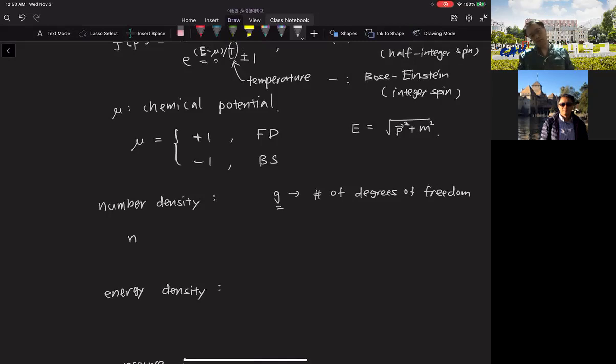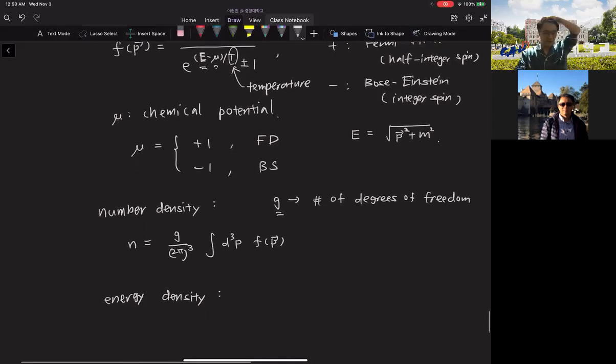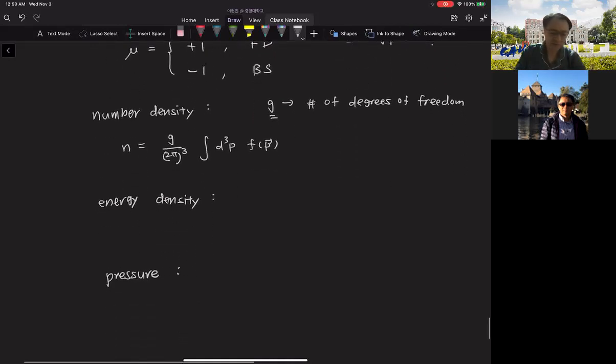If it is a photon, there are 2 polarization states, so also g equals 2. When we count the number density, we need to multiply by this number of degrees of freedom, and then we integrate the phase space distribution over the 3-momentum. This is the definition of the average number density.